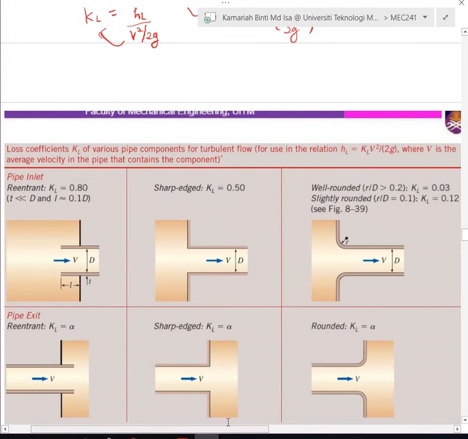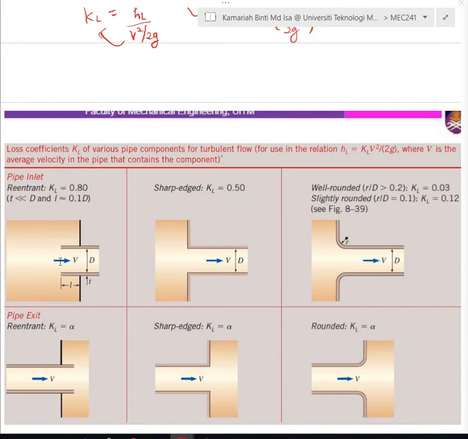Next, let's look at some of the loss coefficients KL of various pipe components shown here. We have a lot of components that we can use in our system. One of them is the pipe inlet. We have a re-entrant pipe inlet, where the inlet is inside the tank, maybe.